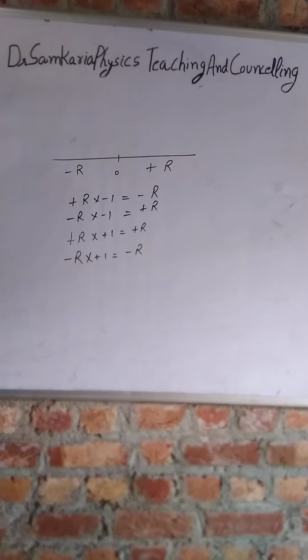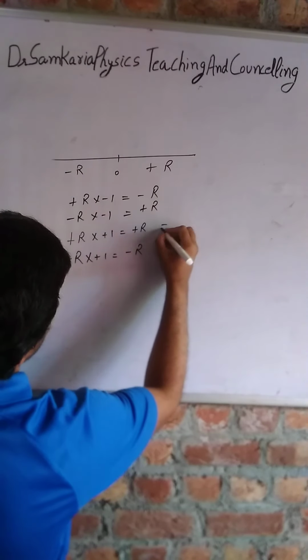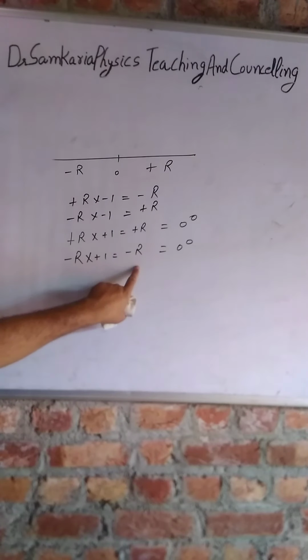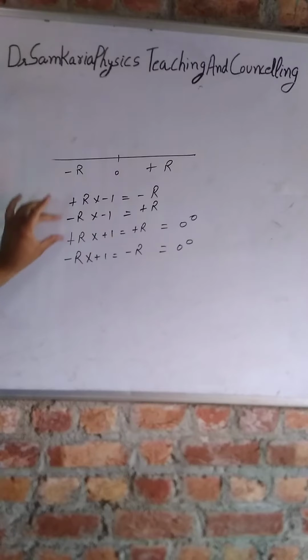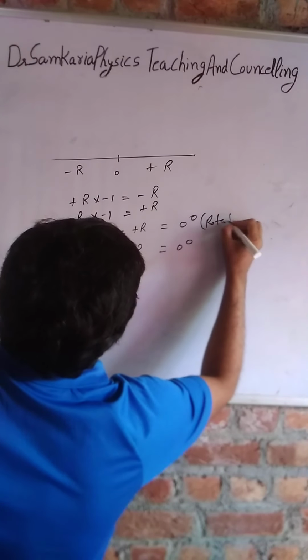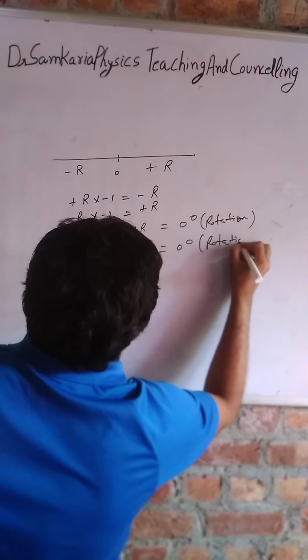So student, this means that multiplication with plus 1 gives us a rotation of 0 degree. You can see, because if minus r remains minus r, it means you have a rotation of 0 degree. And if plus r remains plus r when you multiply with plus 1, it means you have a 0 degree rotation.